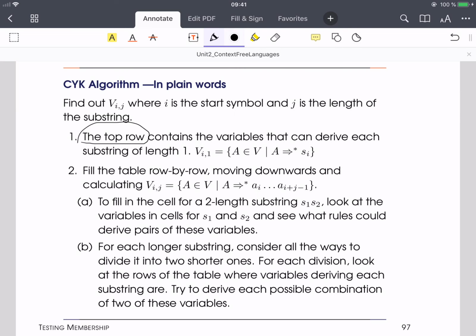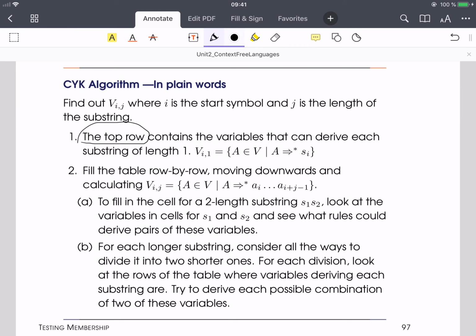So these are the variables that directly generate one of the symbols of the word. If we want to know which variables generate, for instance, the substring whose only symbol is b, then we only need to look for those variables that directly generate b. So the first row is very easy to fill.